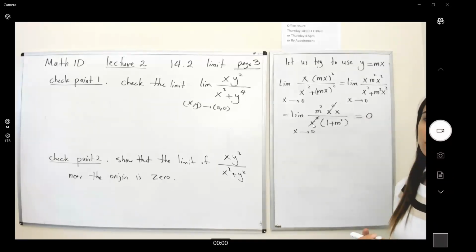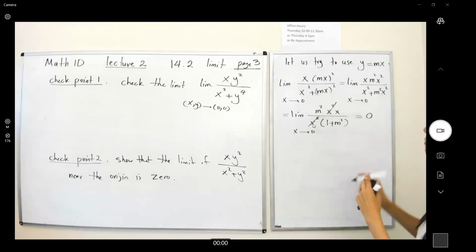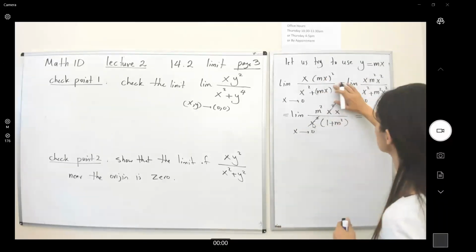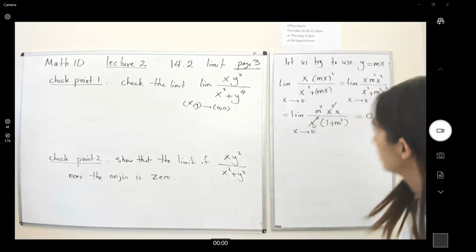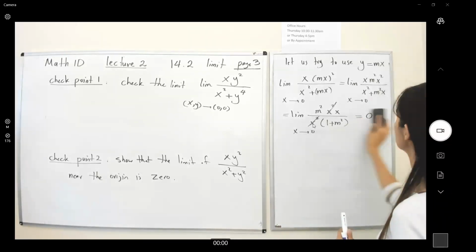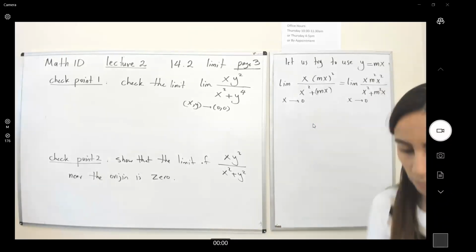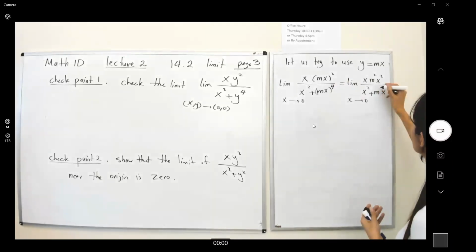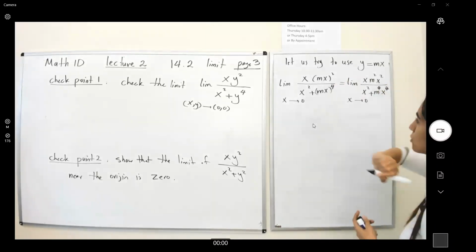Or you might say, hey, I'm sorry, I solved it differently. This is the 4th power. Okay, let me just correct this one. I didn't see this down here. It's m to the 4th, x to the 4th.